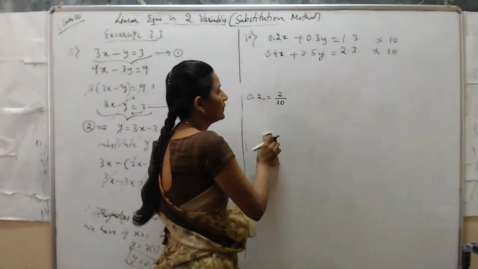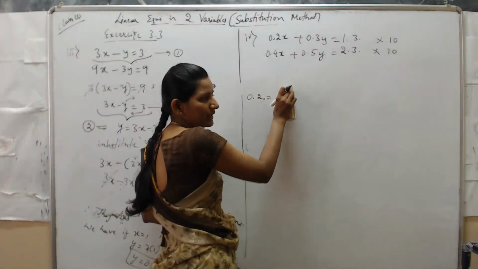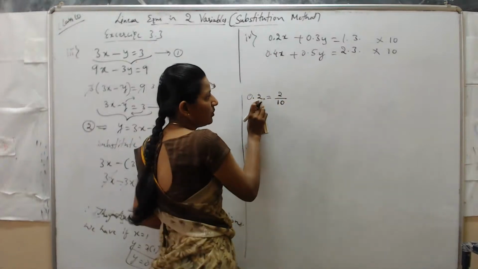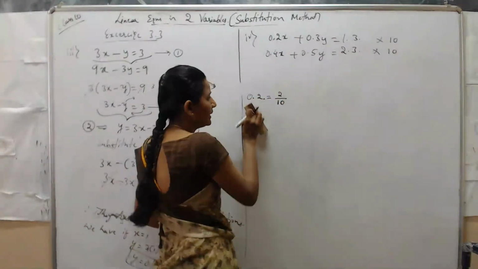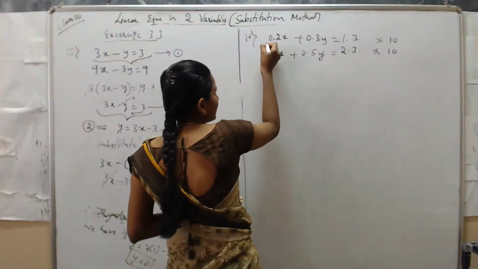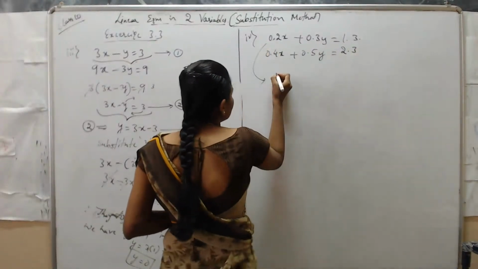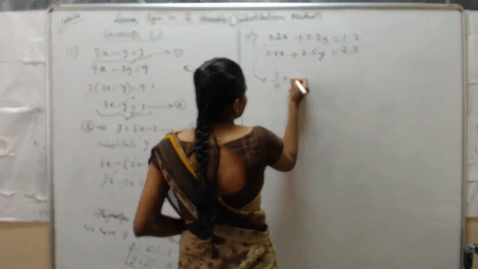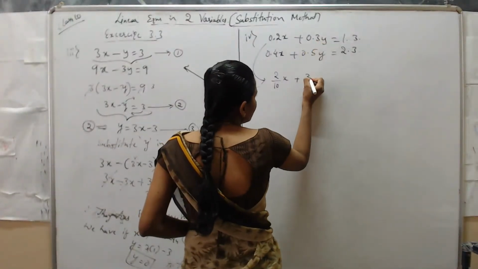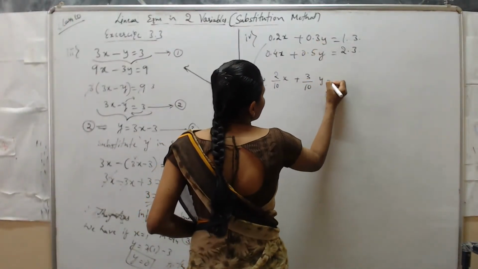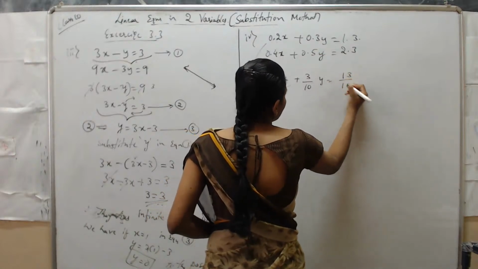So now 0.2 can be written as 2 by 10. That is 2 by 10x plus 0.3 can be written as 3 by 10y, equal to 13 by 10.